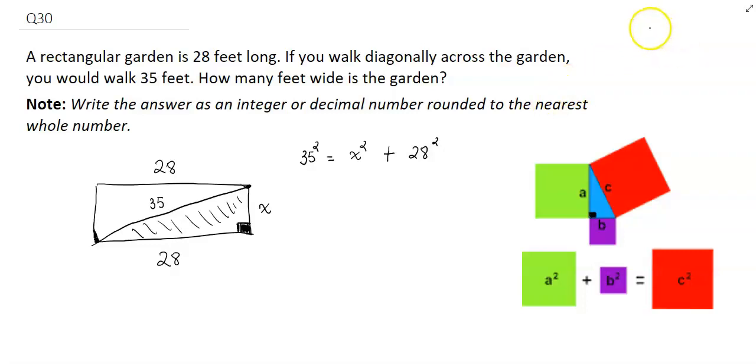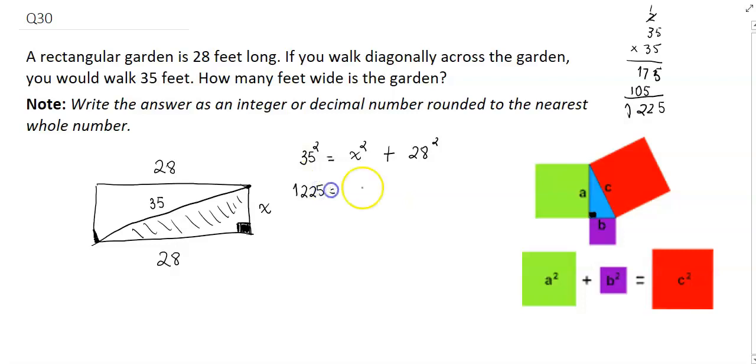So I'm going to do here 35 times 35. 25, 2, 17, 15, and 10, right? 15, 10. Okay, here is 1. So 5, 12, 2, and 1. So this is the number 1225. x squared plus.